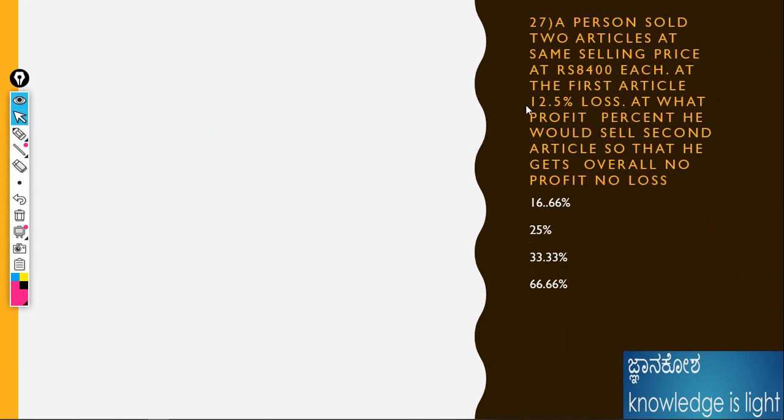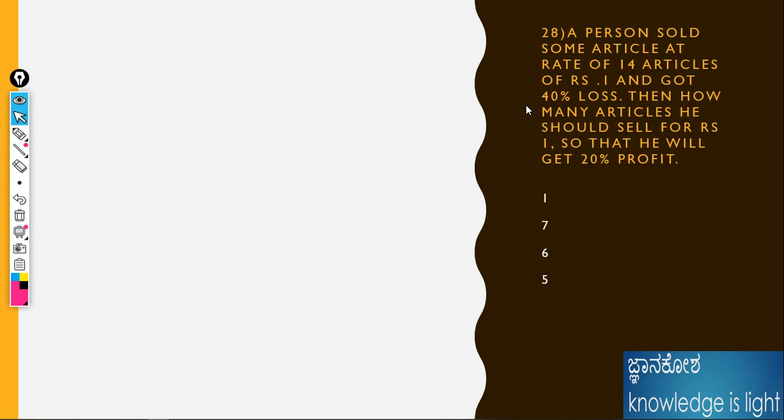Okay, next problem. The person sold some articles at the rate of 14 articles for rupees 1 and got 40% loss. 40% loss means 60%. He got 14 articles, we need to calculate one article, 1 by 14.